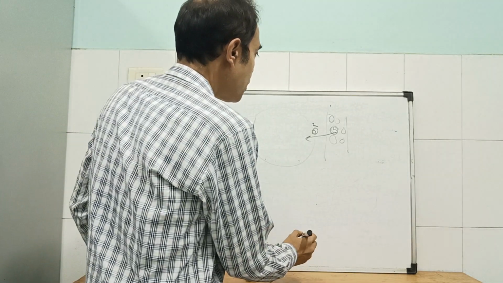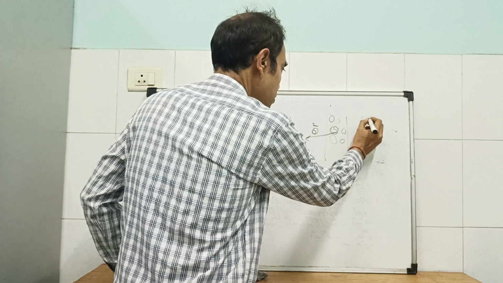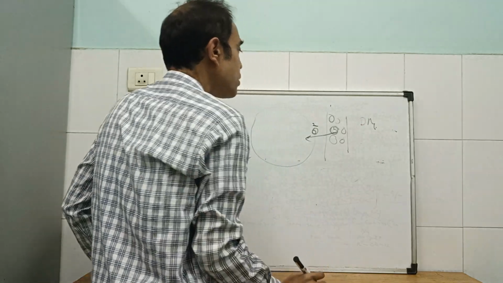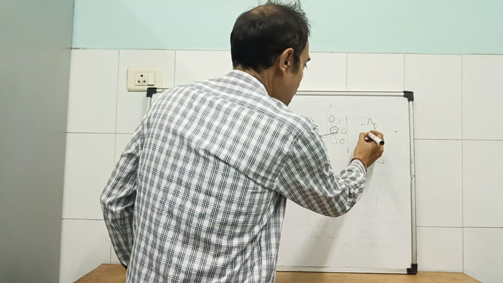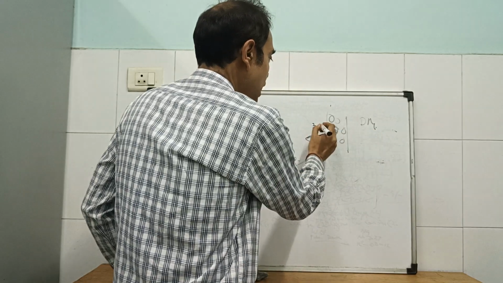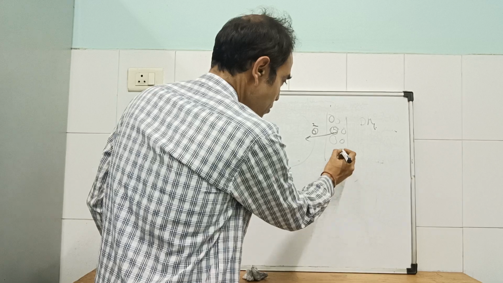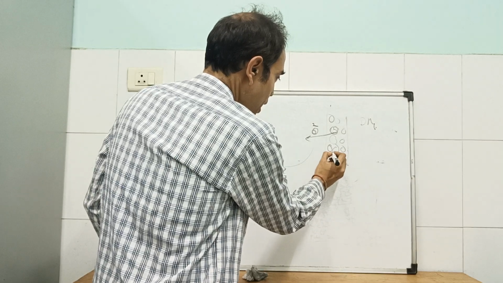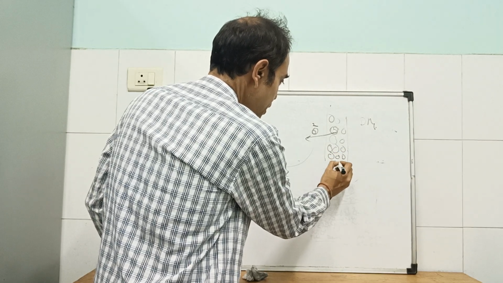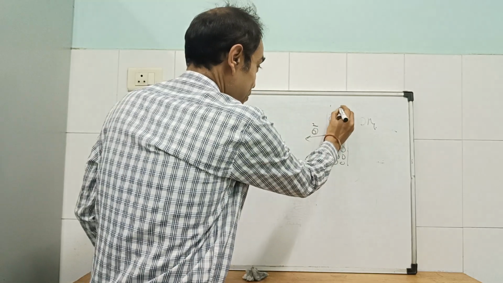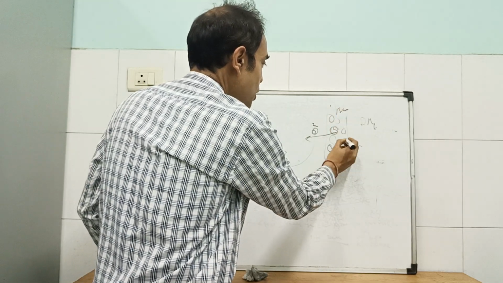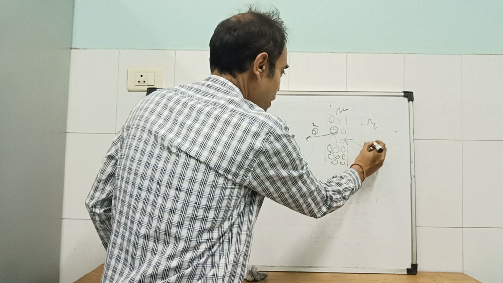However, in case of diabetes mellitus, because either it is type 1 or type 2, the insulin is not sufficient. So we get a lot of active RBS molecules in the blood.